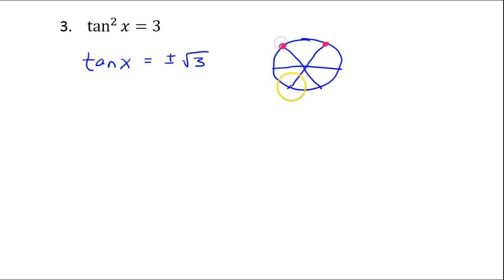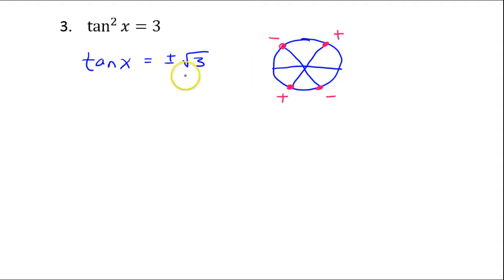These are the four angles that have a reference angle of pi over 3. All of them will give me some kind of radical 3 when I take the tangent. It's just that this will be positive radical 3 here and here, and it will be negative radical 3 here and here. But we want positive or negative radical 3.